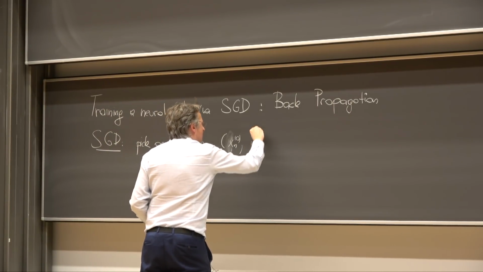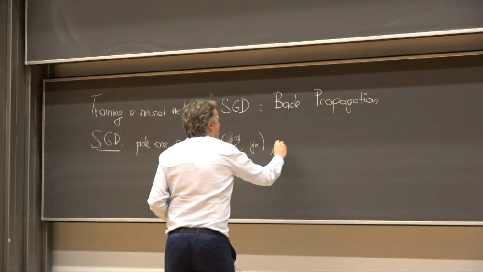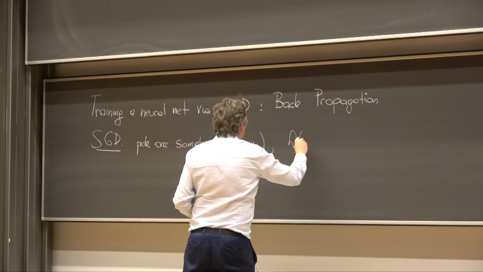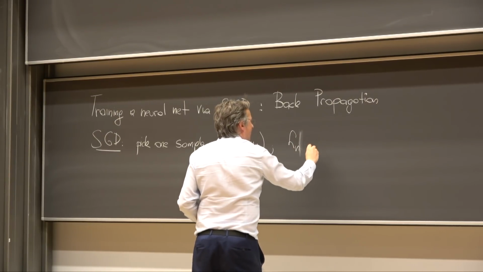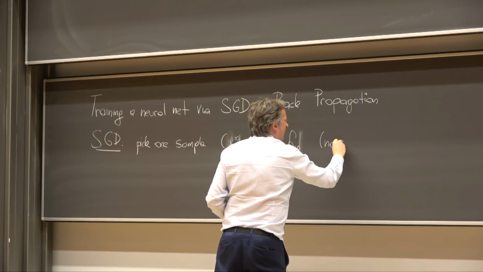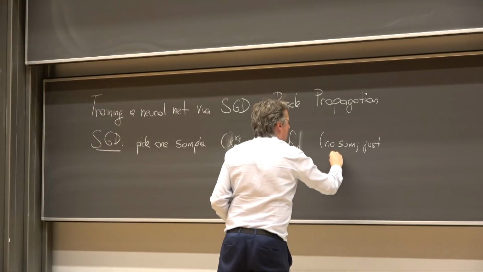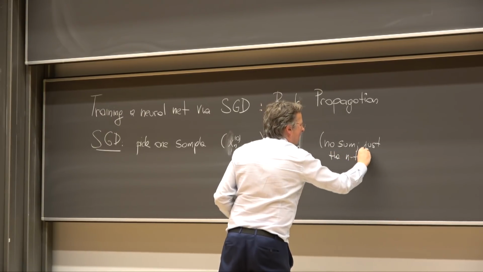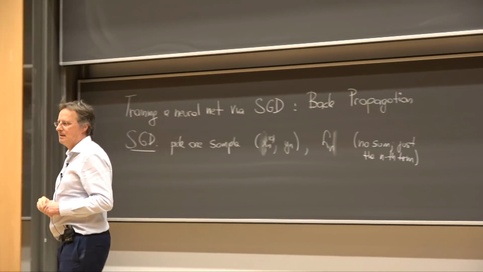I pick one such sample. Then I have this cost function here, and this will just depend now on n. So there's no sum, just the nth term. I'm just looking at one of the terms in here. I'm doing stochastic gradient descent.